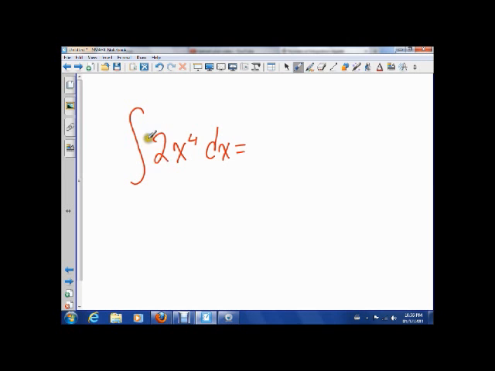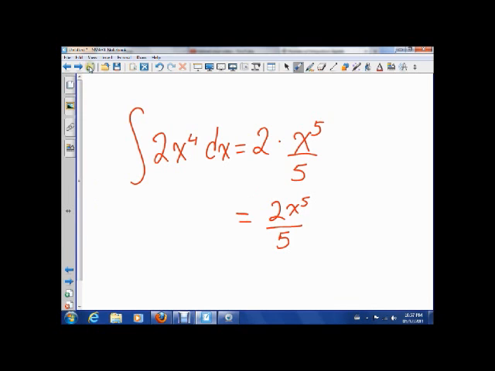Okay, so that 2 is going to be able to come out and nothing's going to happen to it. Okay, so just like with derivatives, the 2 is just going to stay there. Now what happens to x to the 4th? Well, instead of x to the 4th, it becomes x to the 5th over 5. Okay, so simplified, that becomes 2x to the 5th over 5.